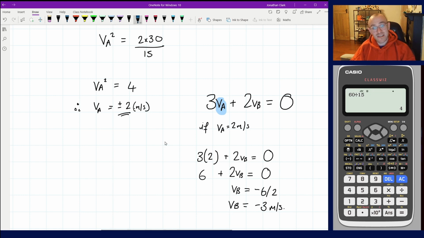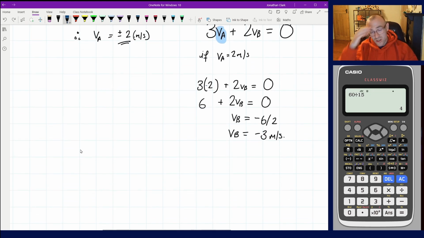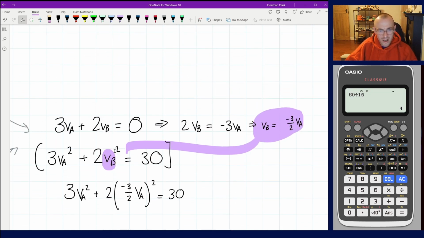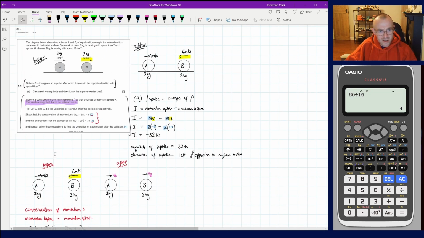If I put in this as negative 2, by the way, it would have come out as plus 3. So I just need to make sense of my solution set for a second. So if we had A and VB, it could be 2 and minus 3, or it could be minus 2 and 3. Okay, cool. Is that it for that question?